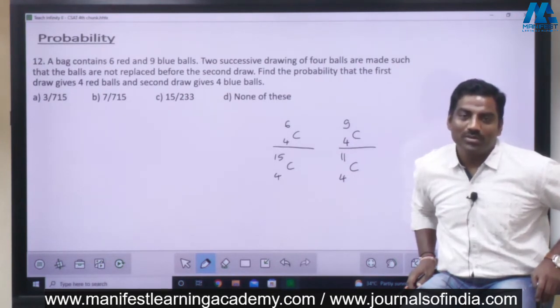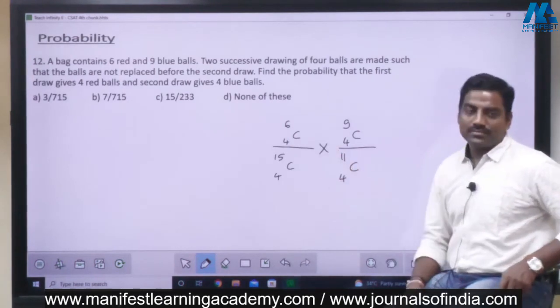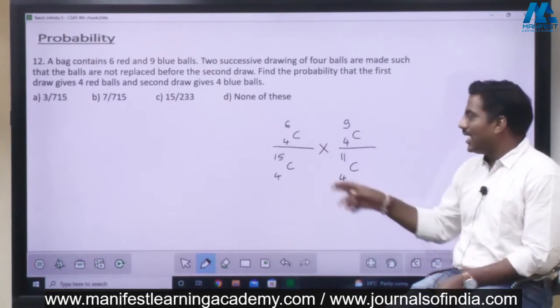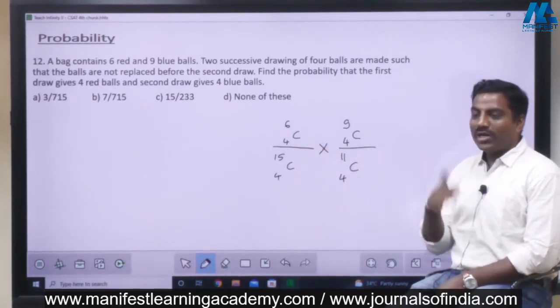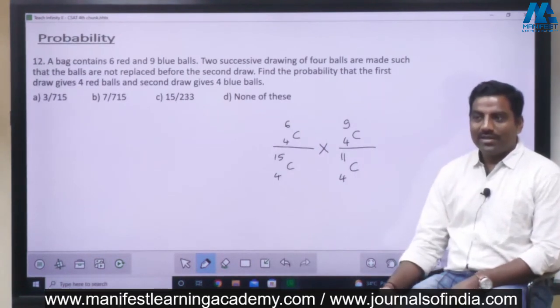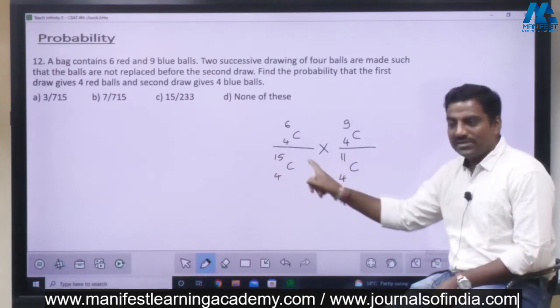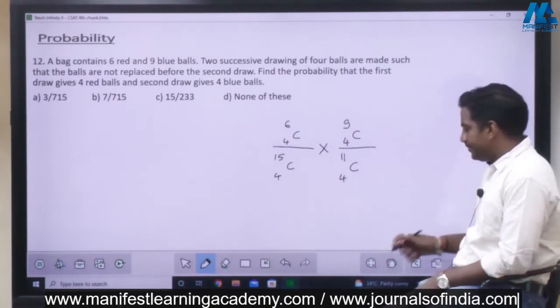So what should I do? Good. Fine. This is a special case. In the previous case, I had told, when you have the same things here, you don't have to multiply. Yeah, that is what I had told. But here, this is different from this. Okay, so let us calculate.